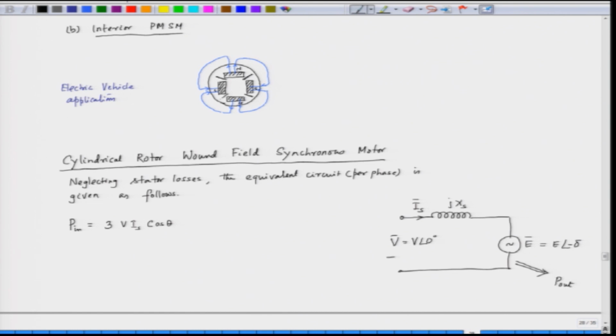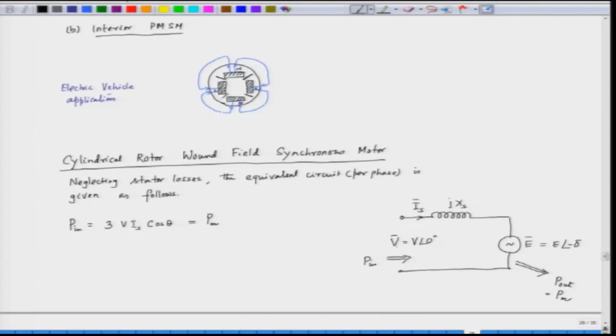So, we have the input power P in, and the power which flows out of this is P out, and that is also the same as the mechanical power P m, because we have assumed a lossless system. We have ignored the stator losses, there is no core loss here, and we can club the friction with the mechanical load. So, P in equals P out, and that is the same as the mechanical output power.